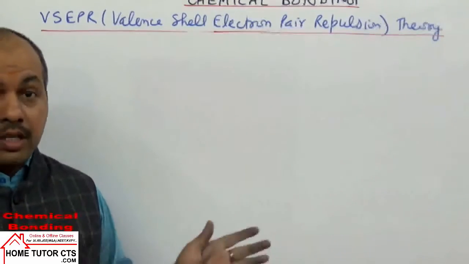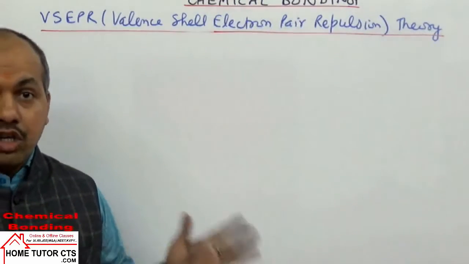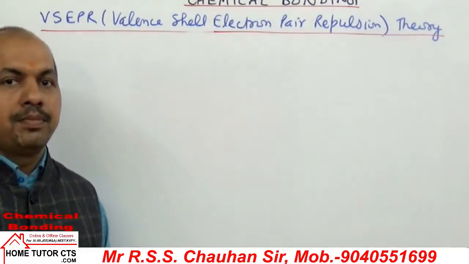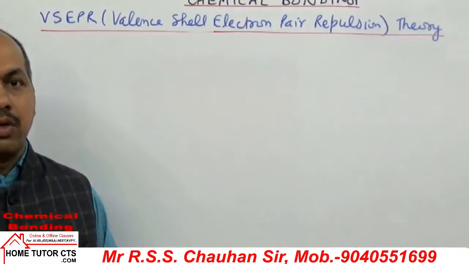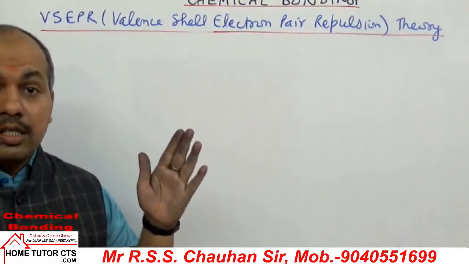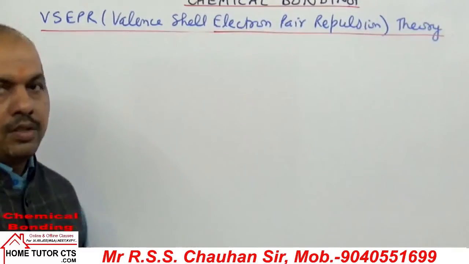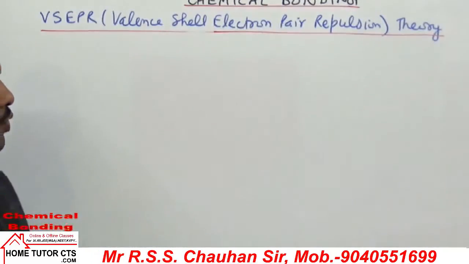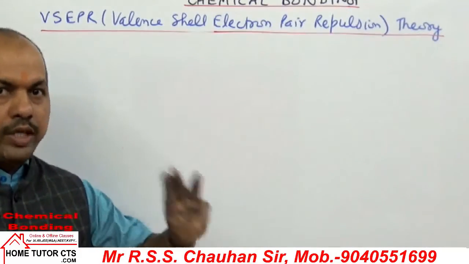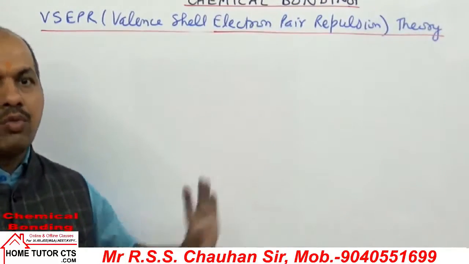Further, for the actual shape of the molecule, we consider only the bond pairs. So for n by 2 = 3, we have 2 cases: no lone pair or one lone pair.